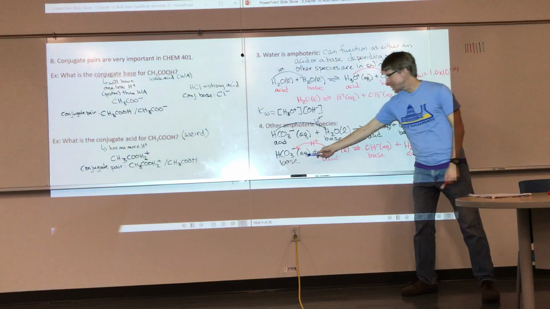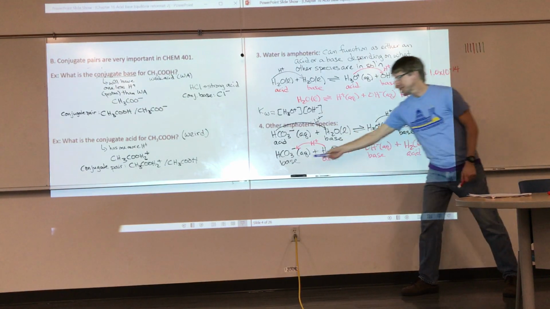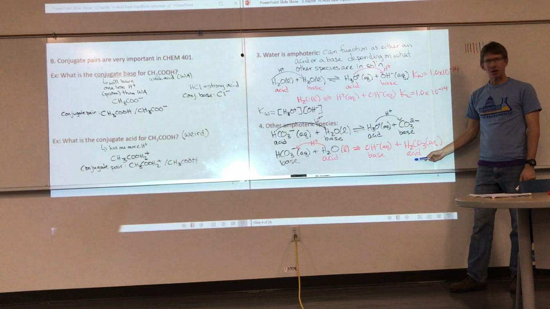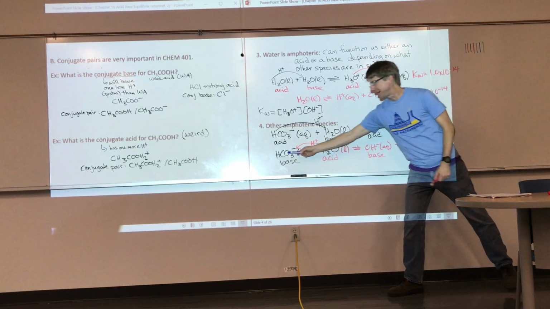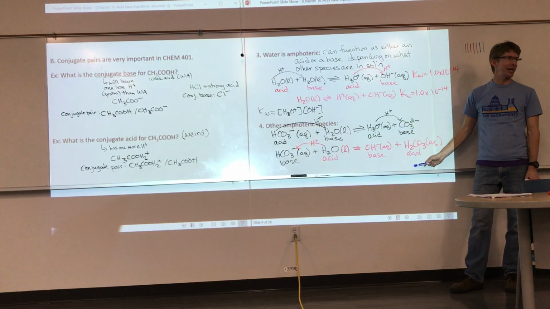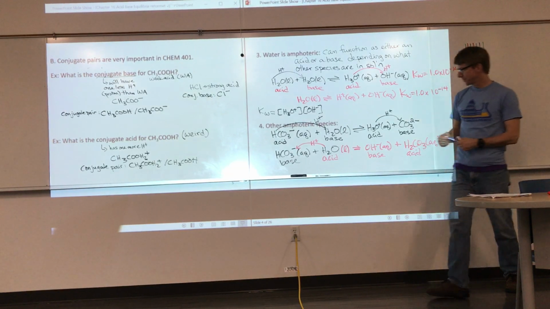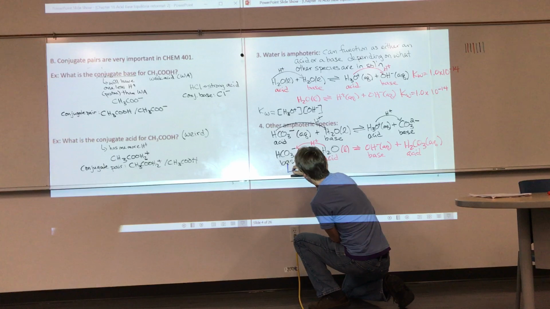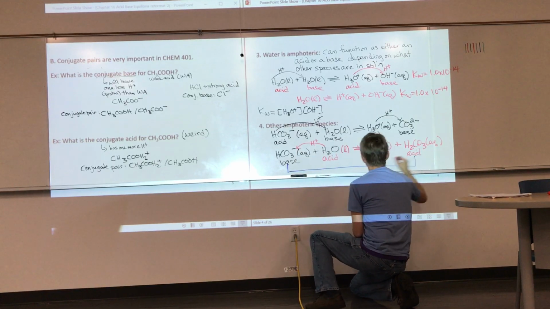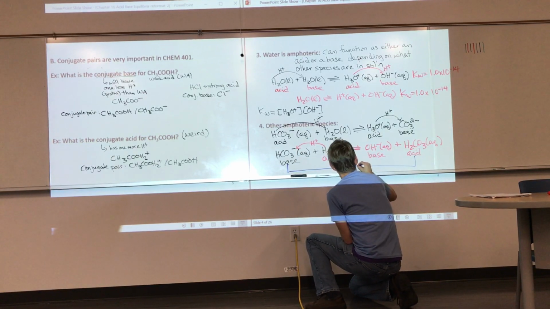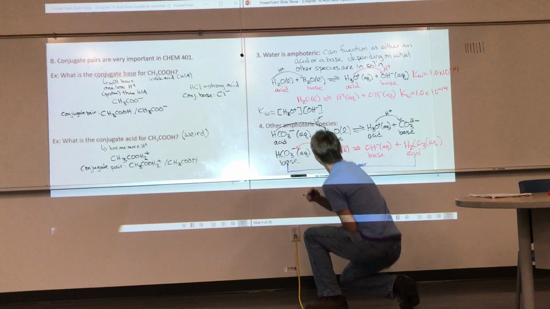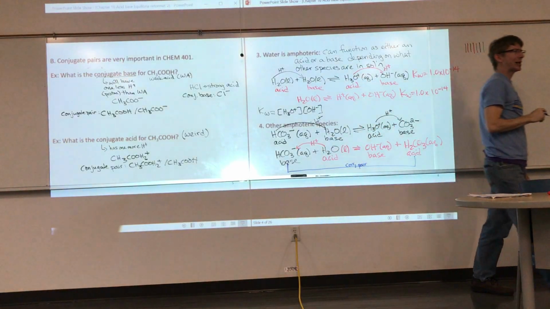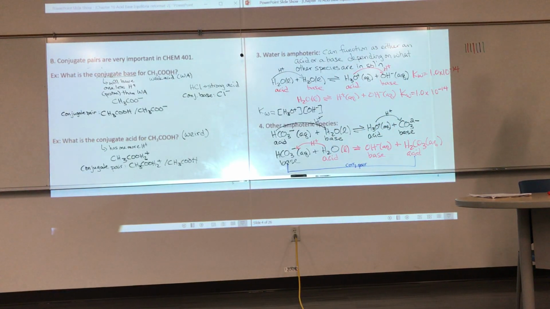Okay, and we'll start down here. Are carbonic acid and bicarbonate ion only different by an H+? Yes, they are a conjugate pair. What about H2O and hydroxide ion?